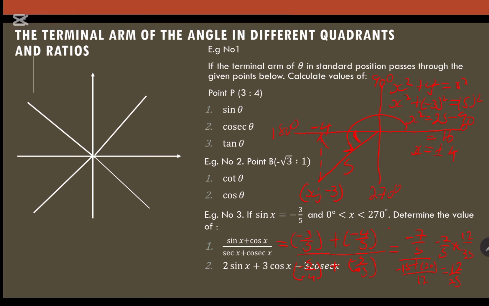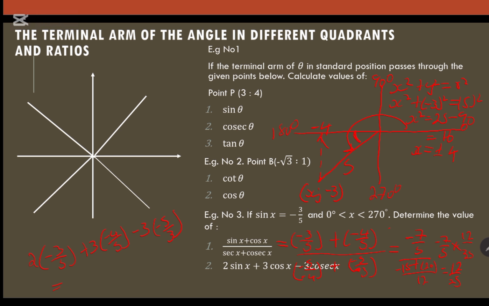The last question, they say 2 sine x. Sine x is negative 3 over 5, plus 3 cos x. Cos x is negative 4 over 5, minus 3 cosec x. Cosec x is negative 5 over 3. And then you simply get the answer of that.